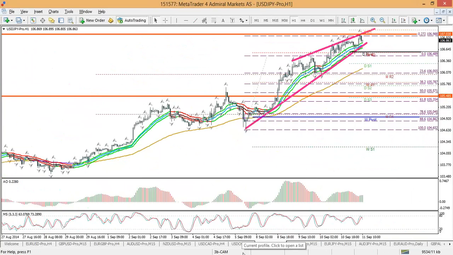Well, I guess that covers most of the pairs, in fact. I hope it makes sense. Basically, you can use the 21 band as a way just to have an idea to see where price is in relationship to the band. If the price is at the band, it could be a bouncing spot. If it's away from the band, it could be a retracement spot. Take a look at the AO to find out if the retracement is possible.